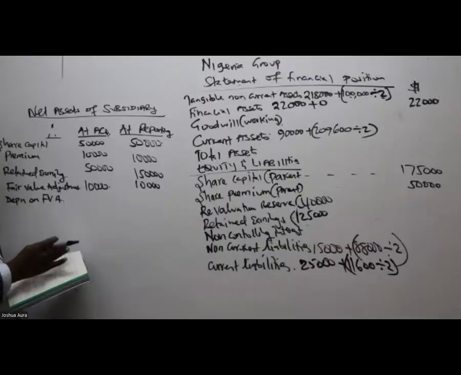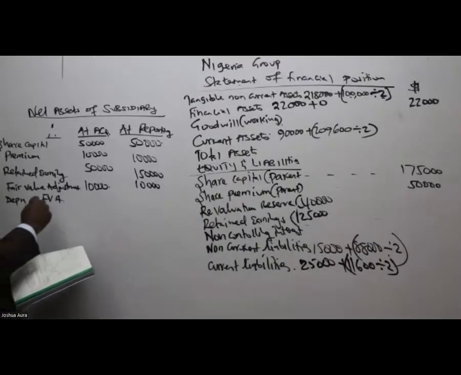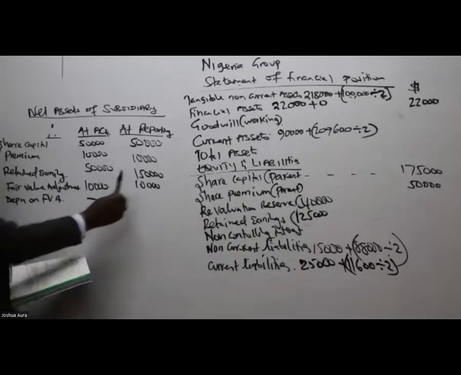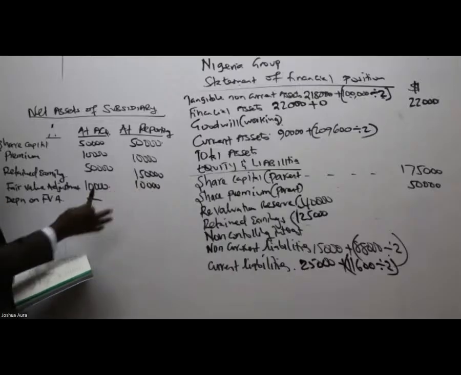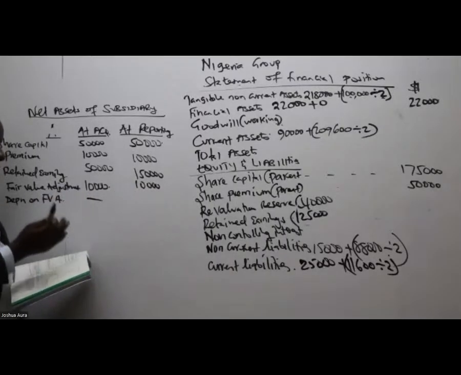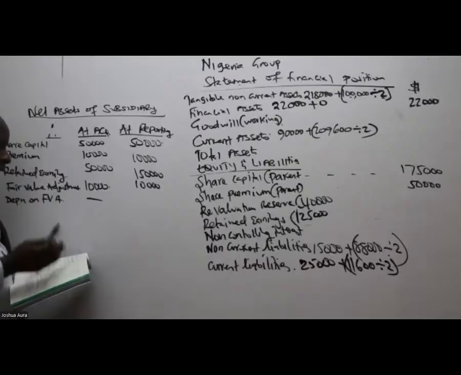Now, the only thing that I would expect you to give me is the depreciation on fair value adjustment, which is never here. Depreciation on fair value adjustment always comes in as a deduction. They have given us a policy from note number 2: at the date of acquisition, the fair value of Lagos non-current assets, which at that time had a remaining useful life of 10 years, exceeded their book value.